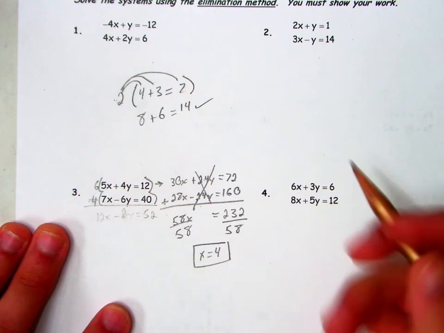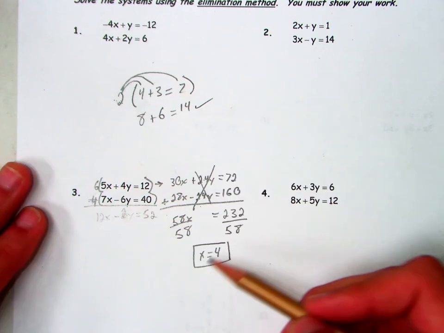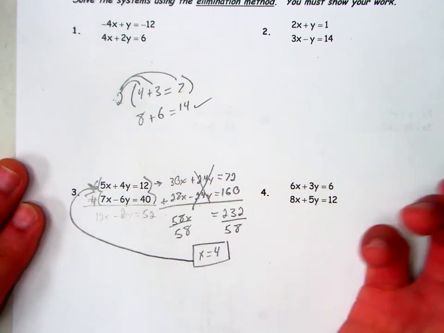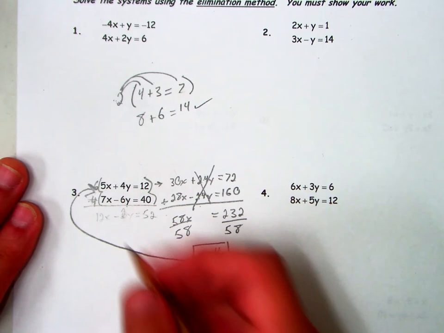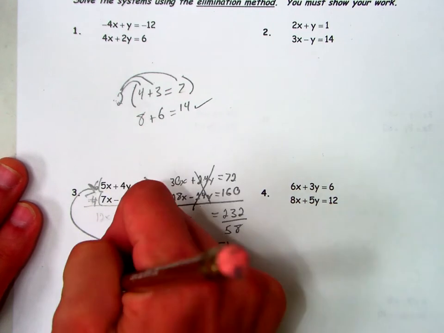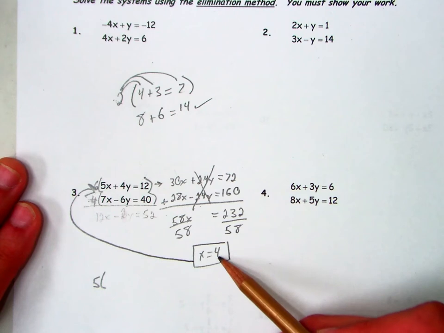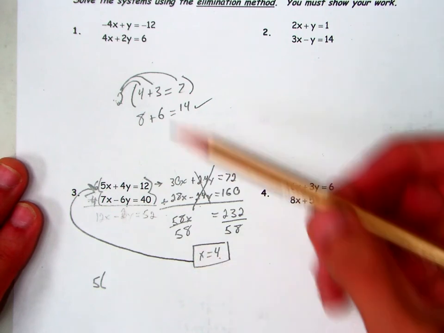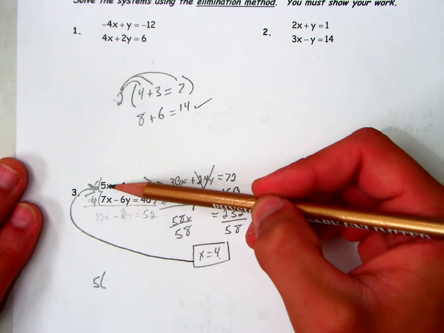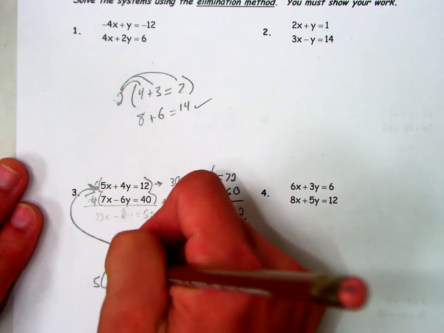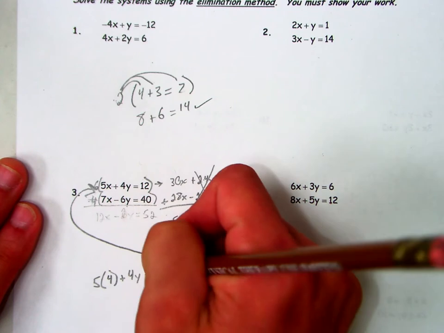Now much like substitution, once I get that, I can just come back up here and substitute this 4 into any one of these equations to find out what y equals. So let's use the top one. X equals 4, so I'm going to plug it into this equation for the x. So 5 times 4 plus 4y equals 12.